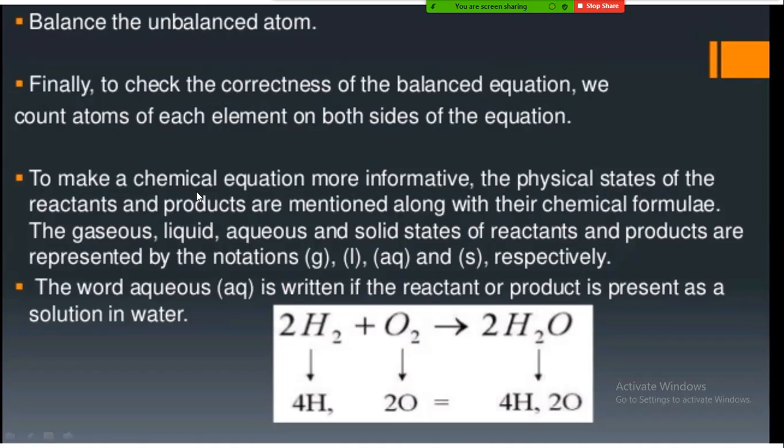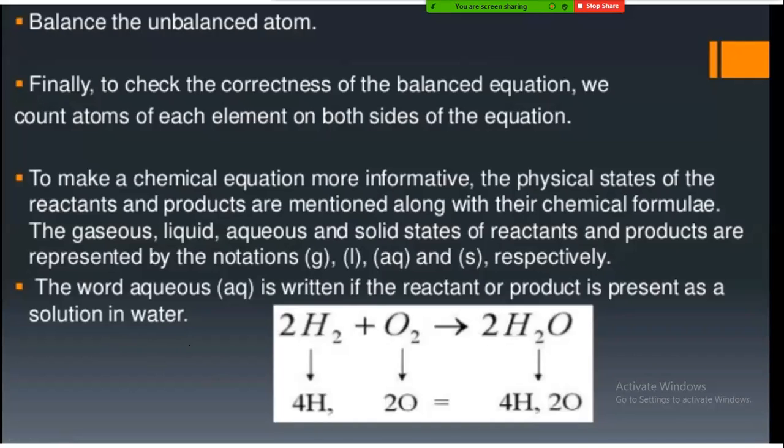To make a chemical equation more informative, the physical states of the reactants and products are mentioned along with their chemical formulas. The gaseous, liquid, aqueous, and solid states are represented by the notations g, l, aq, and s respectively. The word aqueous is written if the reactant or product is present as a solution in water.